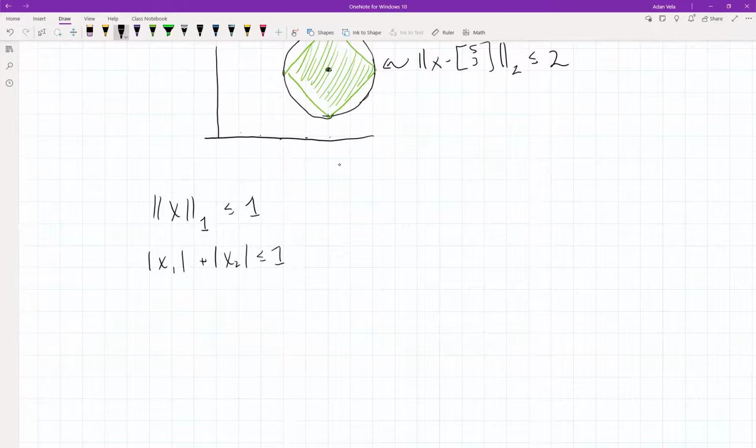So if we draw what that looks like on a Cartesian coordinate plane, well, x1 equal to 1 and x2 equal to 0 would certainly be in that set. Same with x2 equal to 1 and x1 equal to 0. But we could only get a half of each, right? If x1 is equal to 1/2 and x2 is equal to 1/2, that would be less than or equal to 1, but we couldn't really go further than that. So that's kind of how we get this diamond shape.